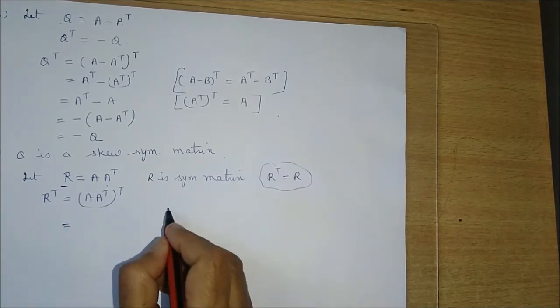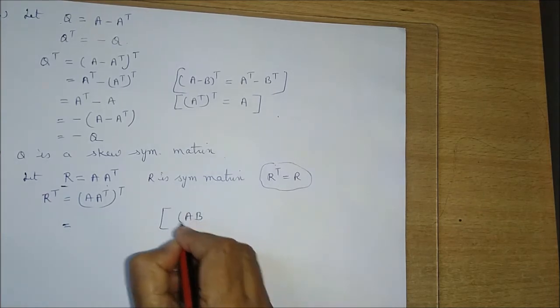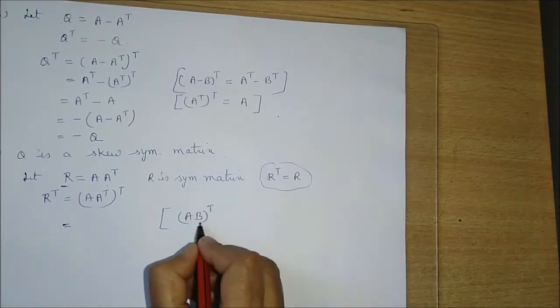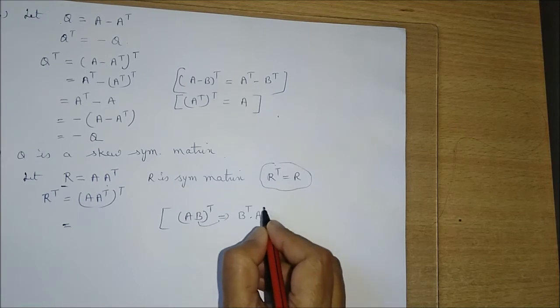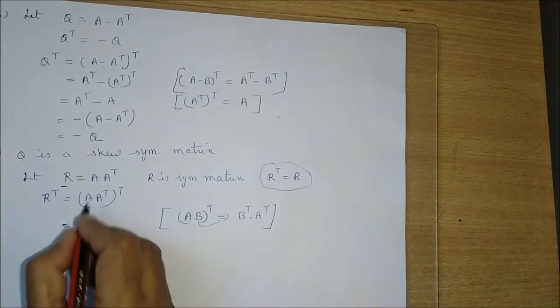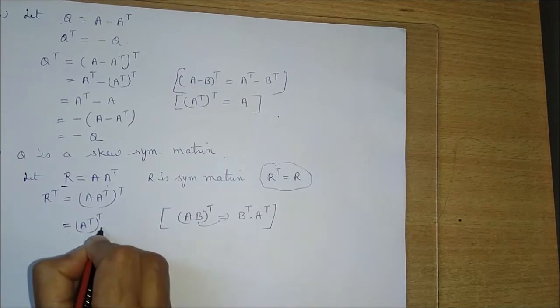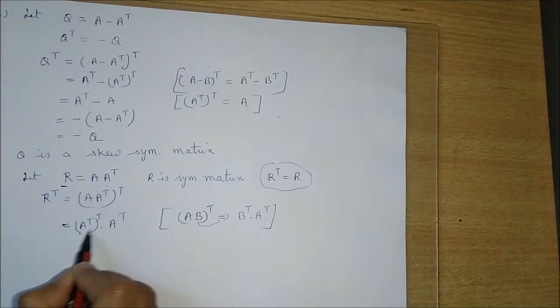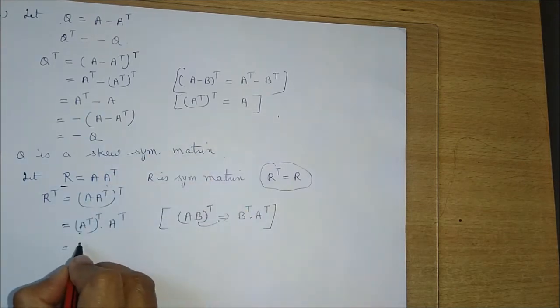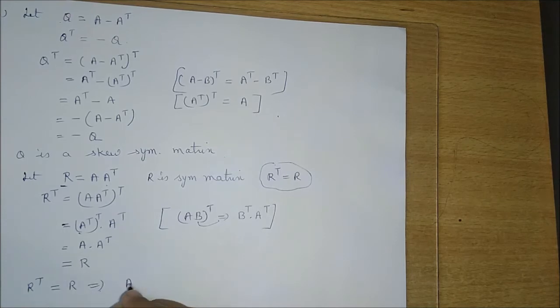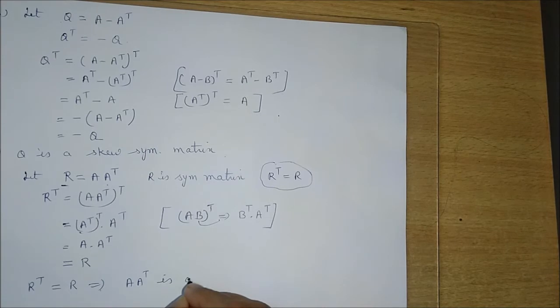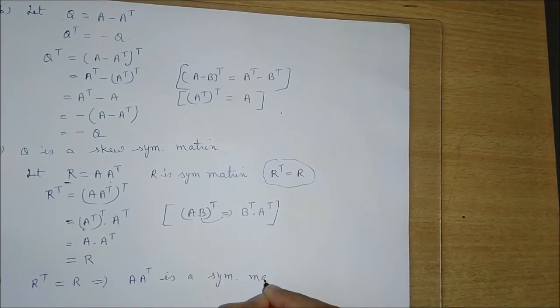Now earlier we have done one property, that if we take transpose of AB matrix, then the second will come first, it will become transpose of B into transpose of A. So here A transpose into A transpose. Now this one will be equal to, we have proved earlier also, A into A transpose, which can be written as R. That implies we get transpose of R is equal to R. That means A transpose is a symmetric matrix.